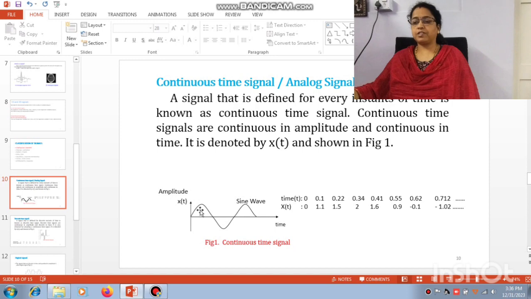This kind of signal is called a continuous signal, which is denoted by x of t and shown in figure 1. At any instant of time the signal amplitude is continuous. Time is continuous, and here the amplitude is also continuous.